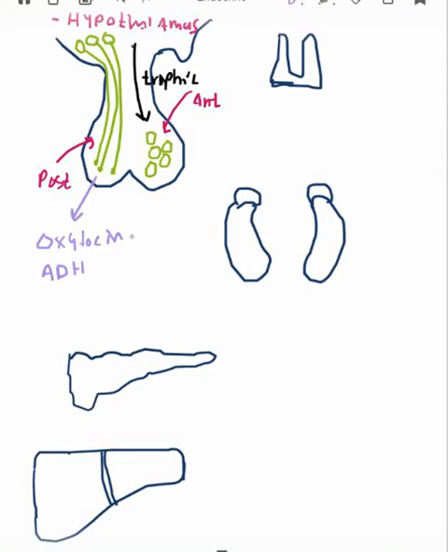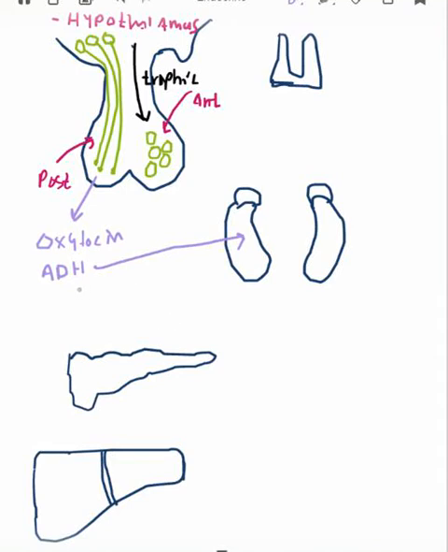Oxytocin, of course, acts upon the uterus primarily, causes uterine contractions, which can be helpful when we talk about labor and delivery. And it's actually a medicine that we can manufacture and give to treat uterine bleeding following a delivery. Anti-diuretic hormone, ADH, of course, if you think about it, it's anti-diuretic, so where is it going to work? Well, it is going to work on the kidneys.